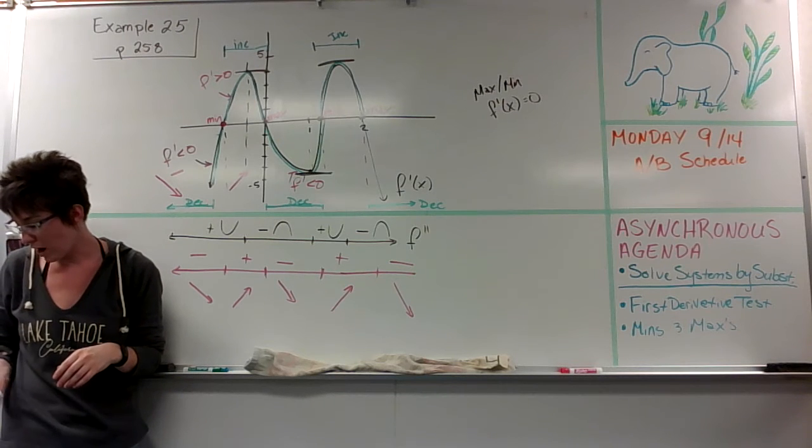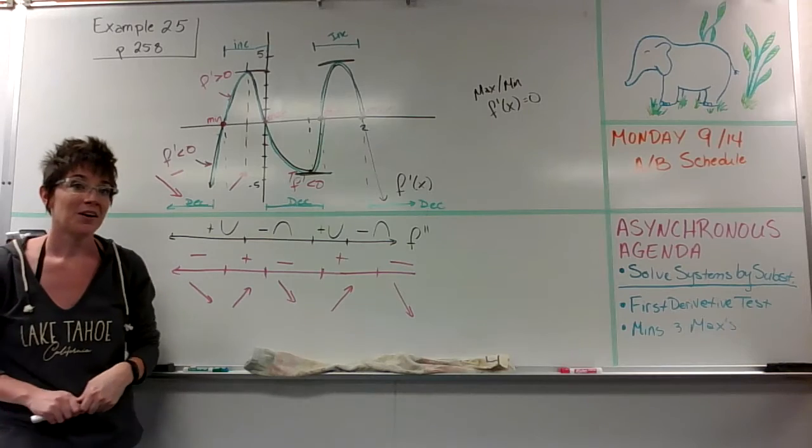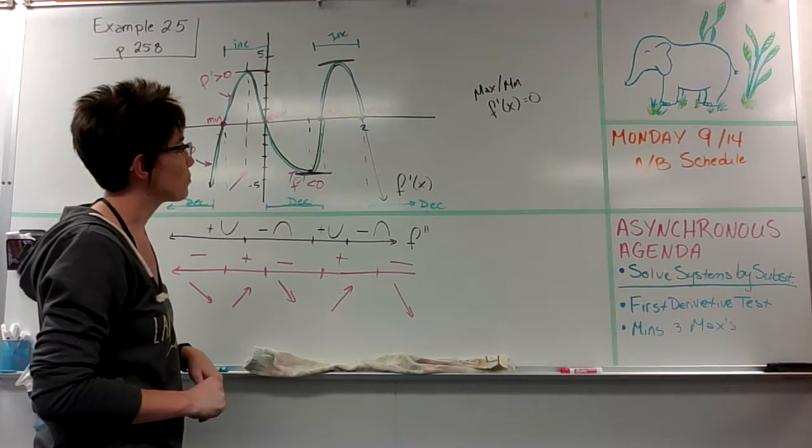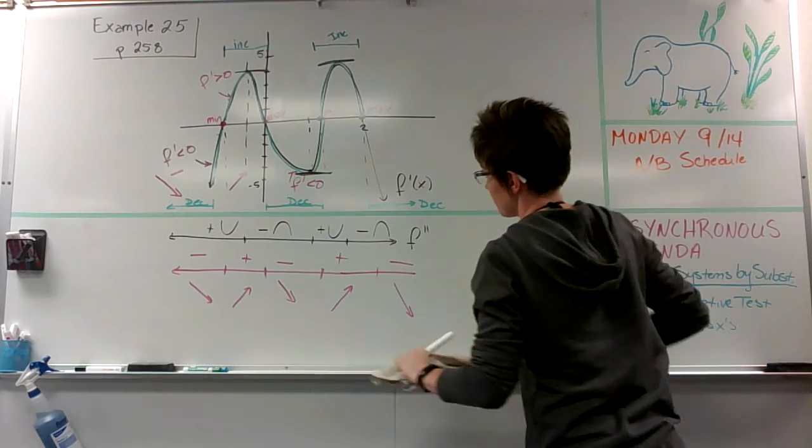Sketch a possible graph of f using all this information now. Okay, so this is going to be a pretty intense task, and I'll try and create some space for myself.